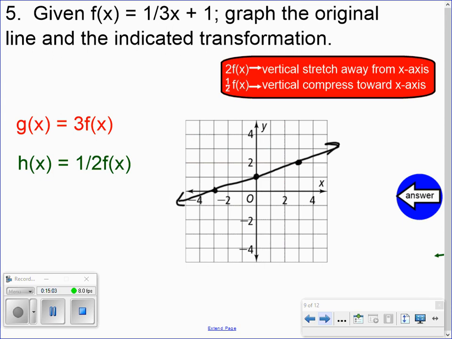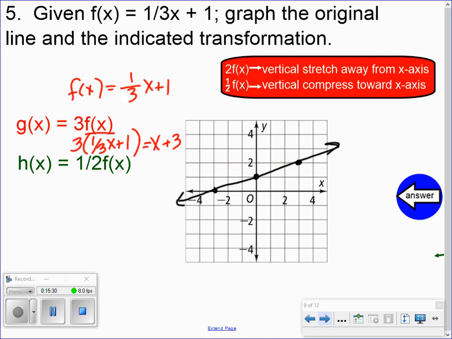And what we're going to do here is we're going to multiply the whole function, 1/3 x plus 1, by 3. So if it says 3 times f of x, it says take all of f of x, which is 1/3 x plus 1, and multiply it by 3. And so what we'll see here is when we do 3 times 1/3 x, that's just x. When we do 3 times 1, that's 3.